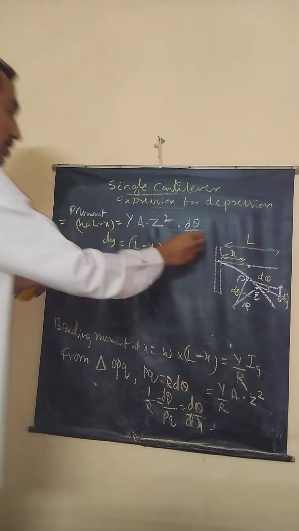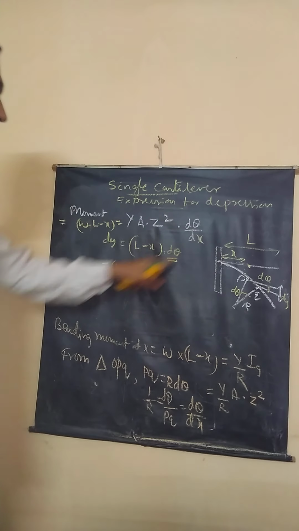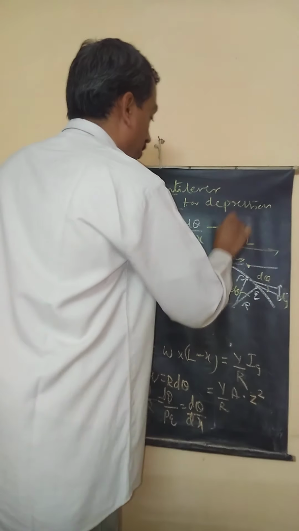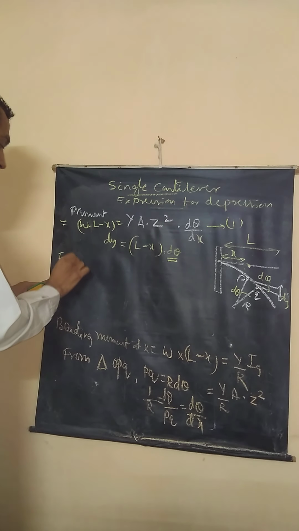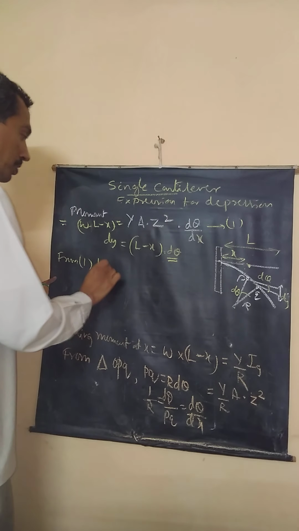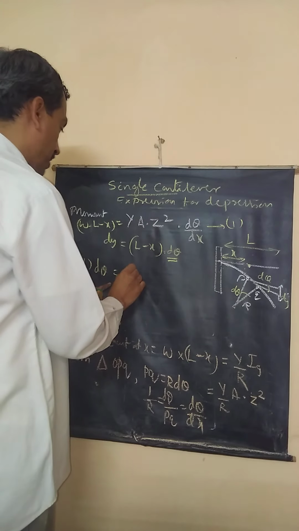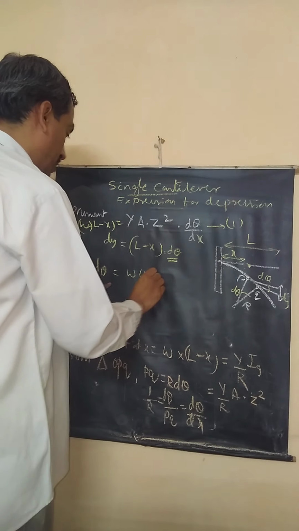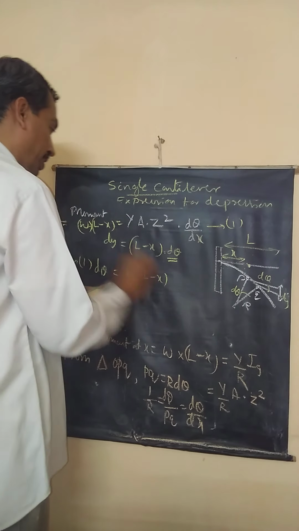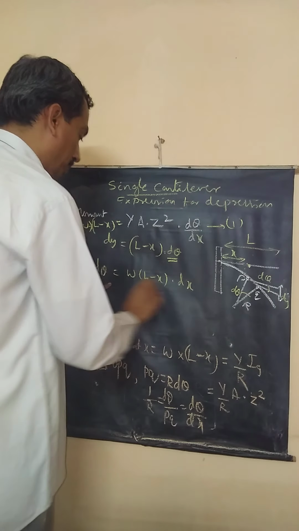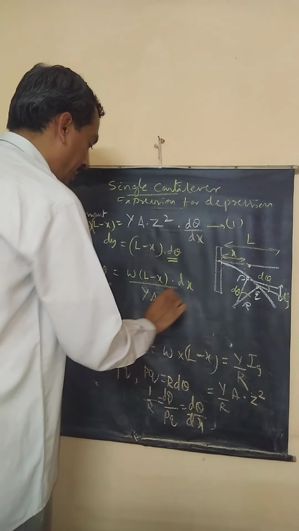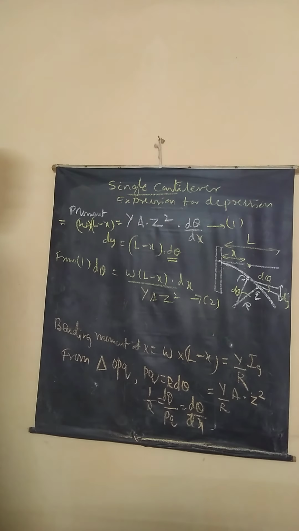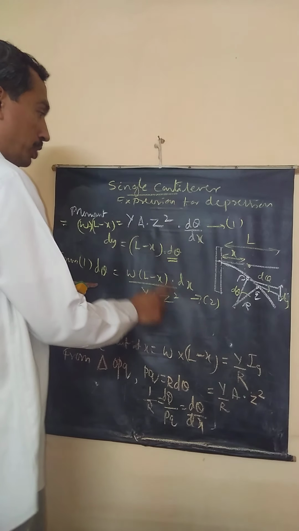So in this expression, what is d theta? From 1, d theta is equal to omega into L minus x into dx by Y A z square. Now substitute 2 in 1.